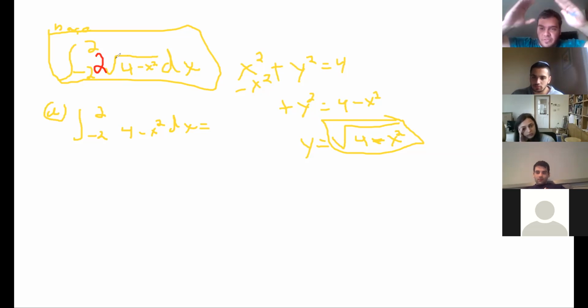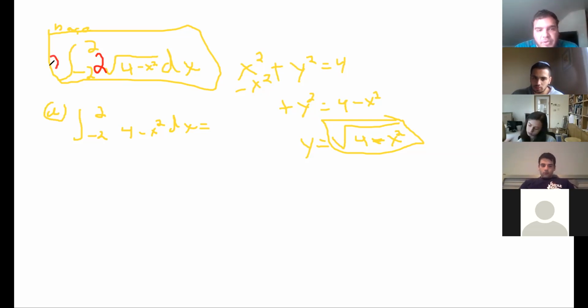If we're talking about the circle, it's the top half of the circle, and we're doubling it because we have to take the area of the bottom part. So your base should have a 2 here. You could put the 2 out here if you wish, it doesn't matter which. But when you square everything, this also gets squared. So this is 4 times 4 minus x squared, and they move the 4 here.